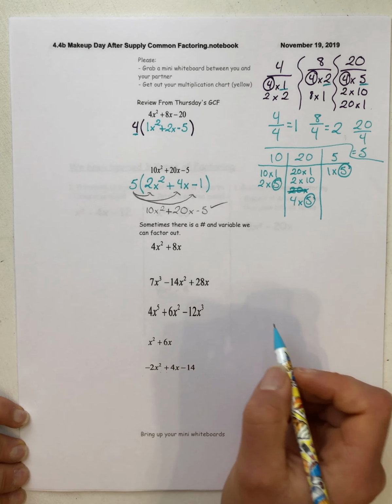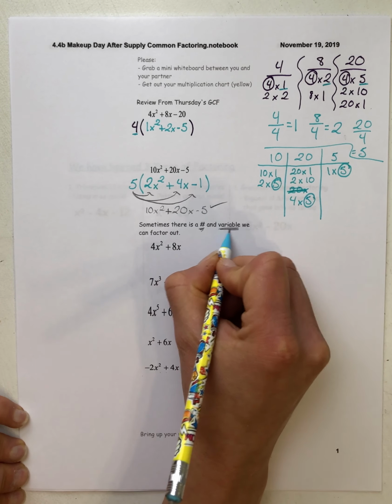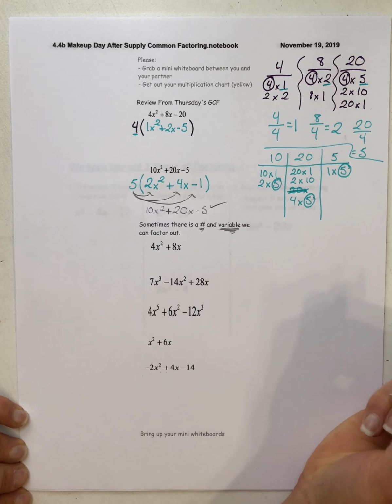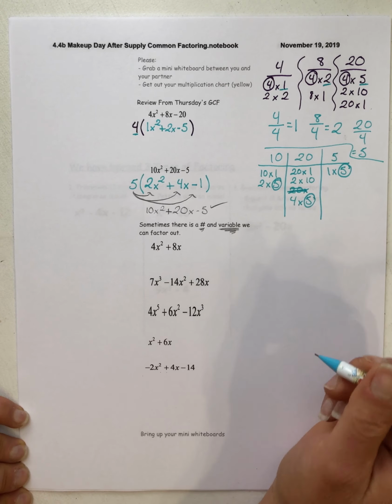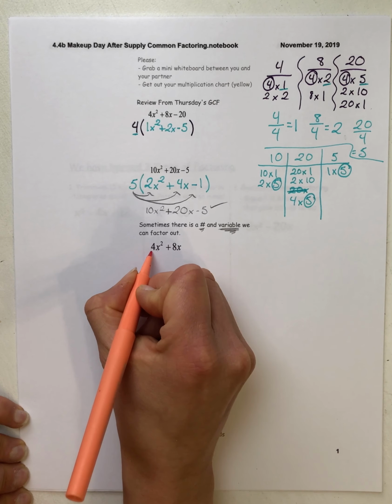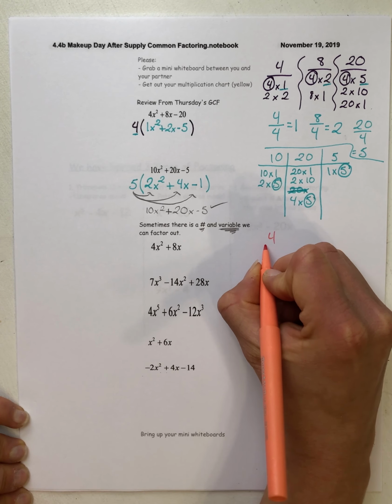Now we need to note that sometimes we can take out a number and a letter. Okay, so we see how there's an x on this one and an x on this one. So we can bring an x out front as well. So first let's start with the factors of 4, sorry.